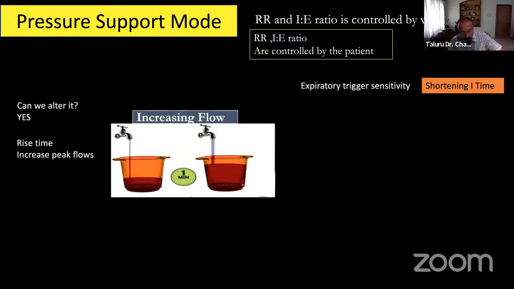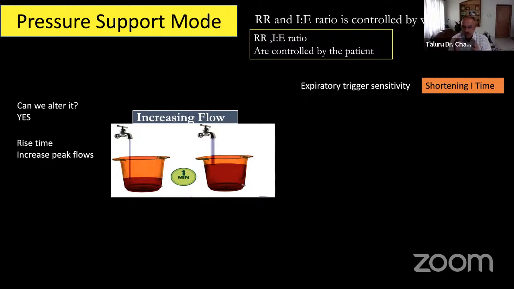In volume modes, you have to increase the peak flows to deliver the tidal volume in a shorter time, because this is what happens. You are increasing the flow. In pressure modes it is the same, again peak flows, but somebody has called it rise time. So don't confuse. The ventilator again increases the flow, though it is called rise time.